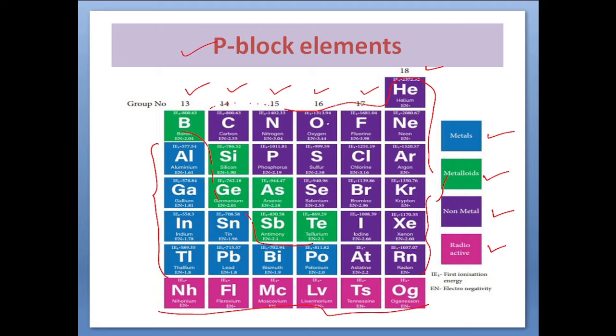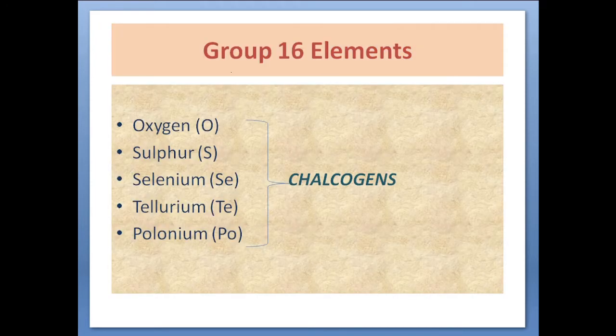Now we will concentrate on the 16th group elements: oxygen, sulfur, selenium, tellurium, polonium, livermorium. So these are the 16th group elements.